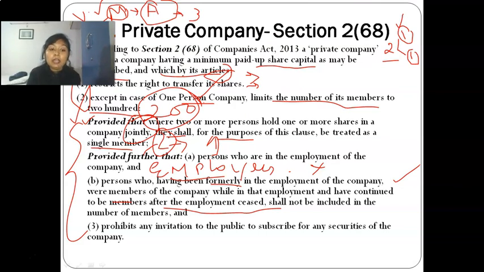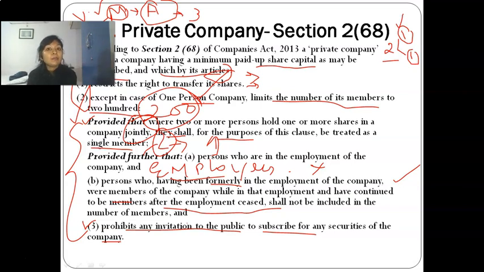Then the third is, this is the third restriction. What it says: it prohibits any invitation to the public to subscribe for any securities of the company. That is, a private company cannot issue any kind of security to the public. You would never have seen any private company get listed on a stock exchange.